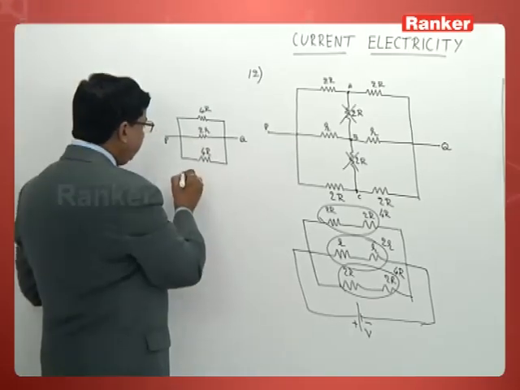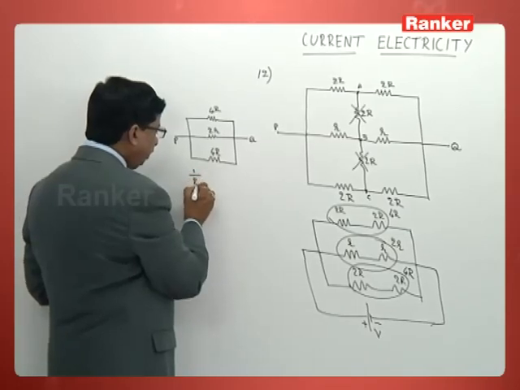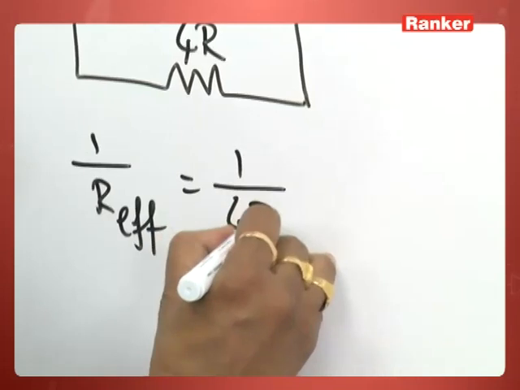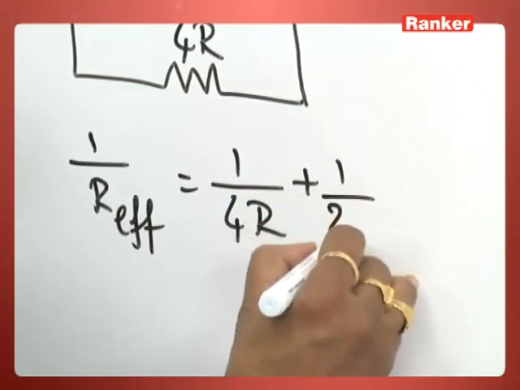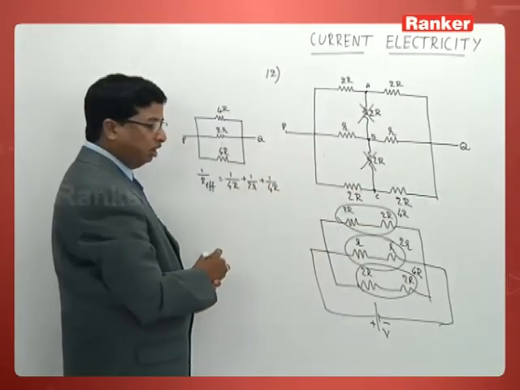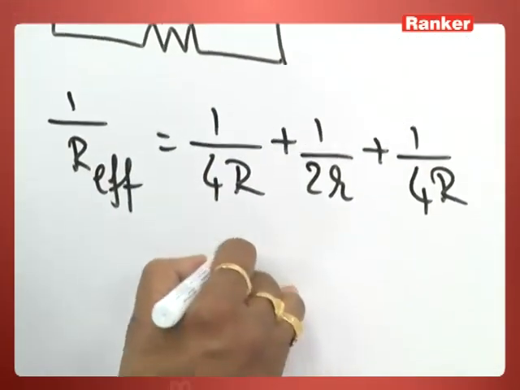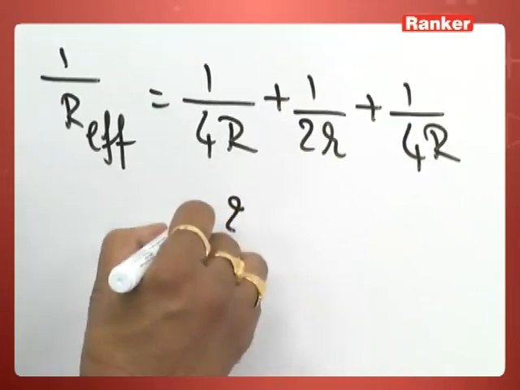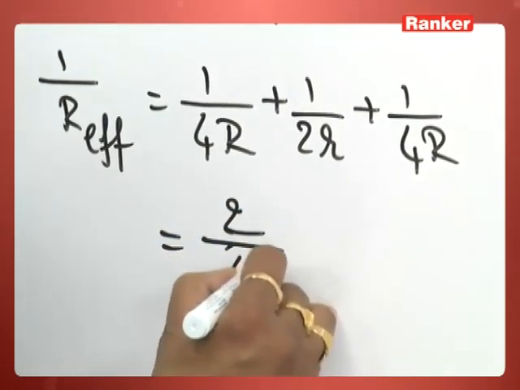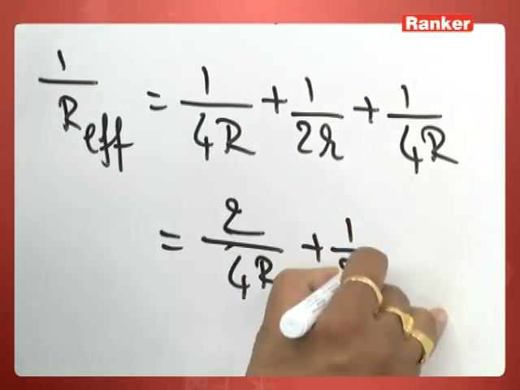So what will be the effective resistance? 1 by R effective is 1 by 4R plus 1 by 2R plus 1 by 4R. What will be the value here? This can be written as 2 by 4R plus 1 by 2R.